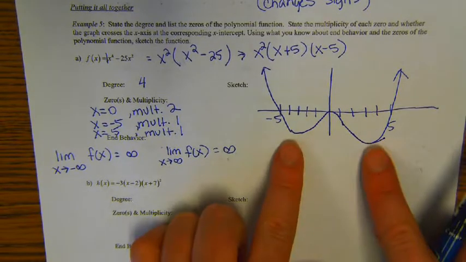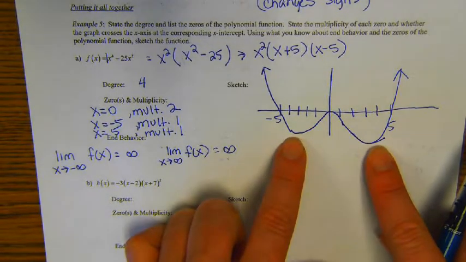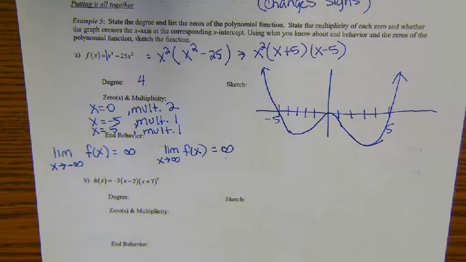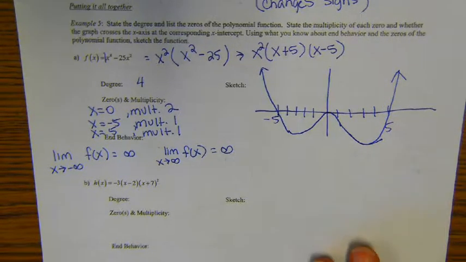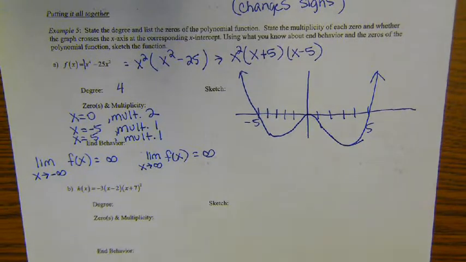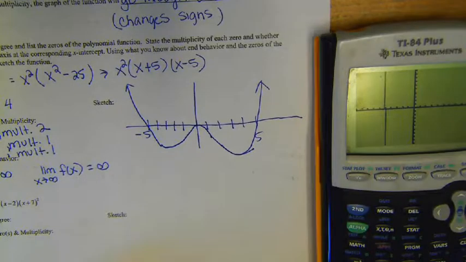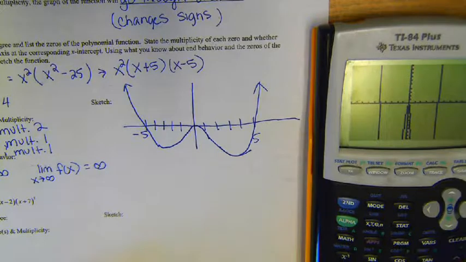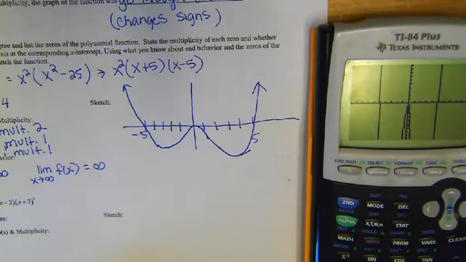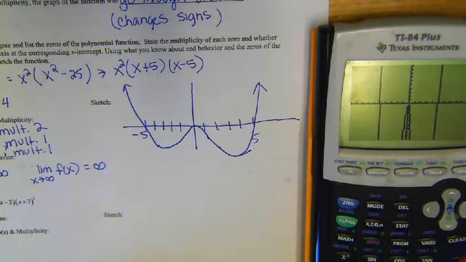I don't know how low these go, but that's what I mean by a sketch: the end behavior and the zeros. So I didn't go low enough, see that? But I don't care. Don't go back and adjust it. Alright. I want you to try this one on your own.